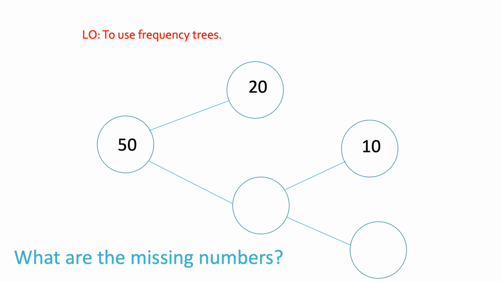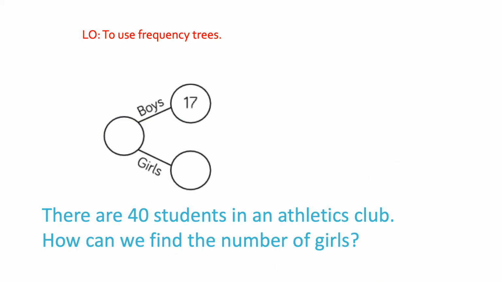So we've just seen how frequency trees can keep expanding, but it's all the same basis of finding the parts that make the whole. And this then can be applied to a real life situation. If we've got 40 students in an athletics club, how can we find the number of girls? Well, we know 2 things there, although the tree only shows us 1.